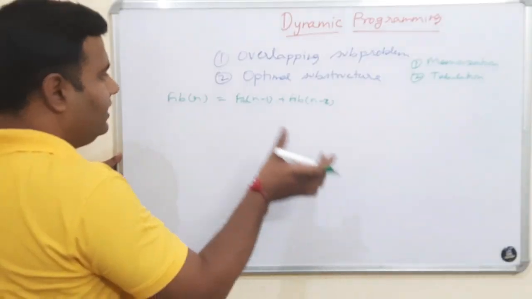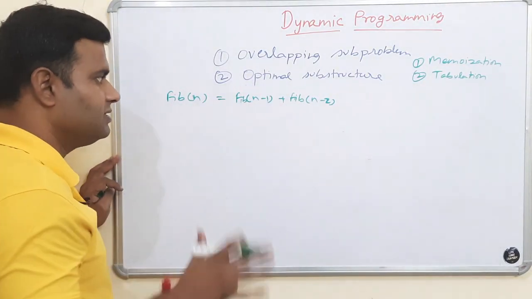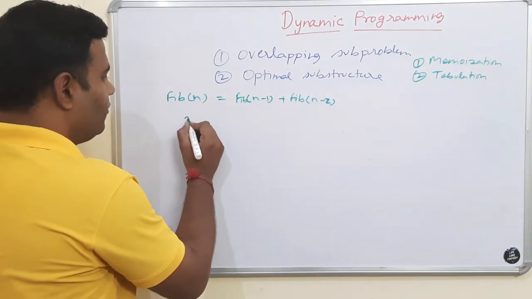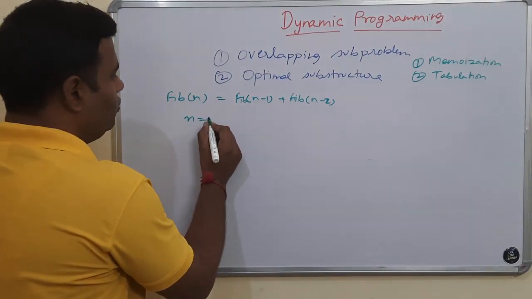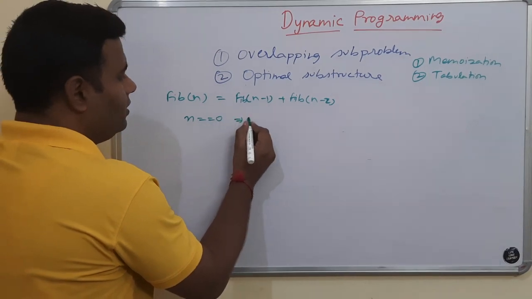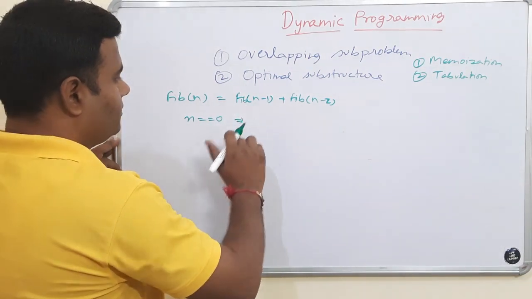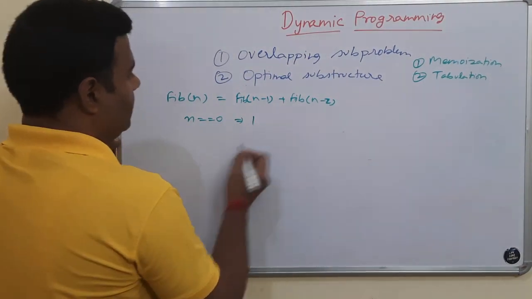You are able to write the Fibonacci series solution in a recursive approach, and the base conditions for recursion are: n equal to 0 returns 0, and n equal to 1 returns 1.